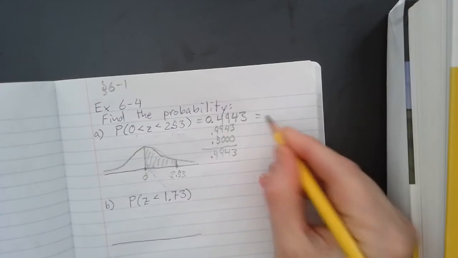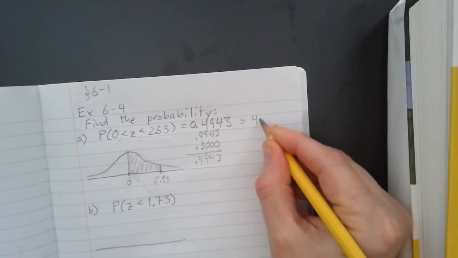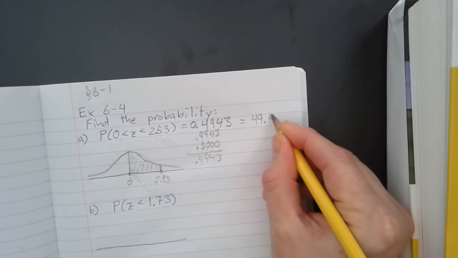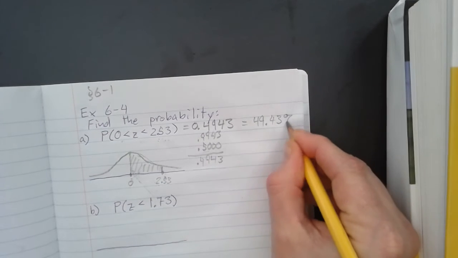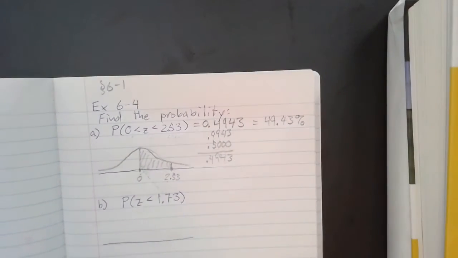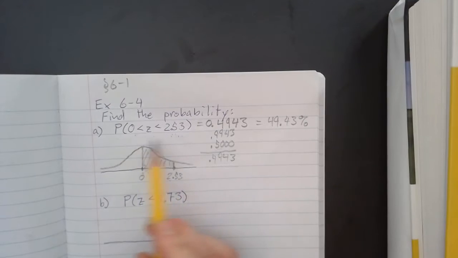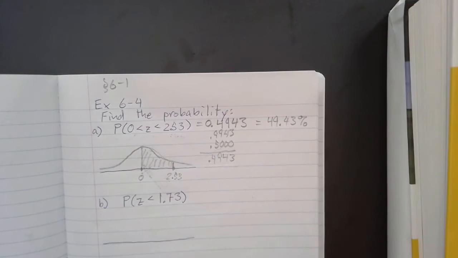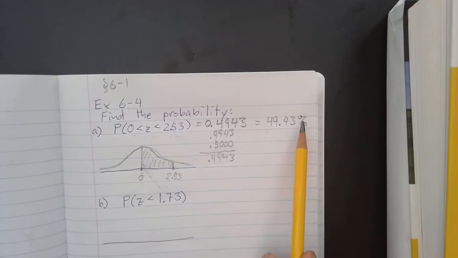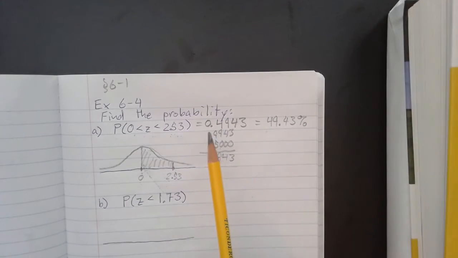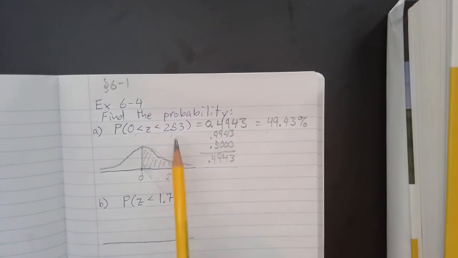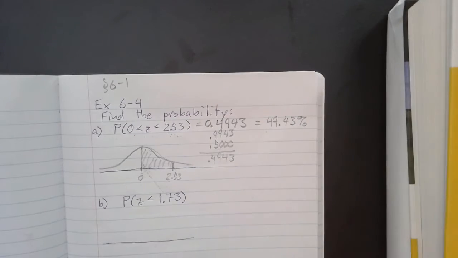Or, in other words, we have a 49.43% chance of our Z value falling within these values. To put it another way, 49.43% of all of the values in our Z distribution are going to be in between 0 and 2.53.